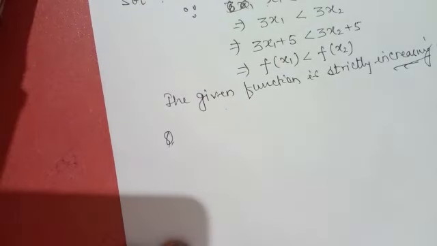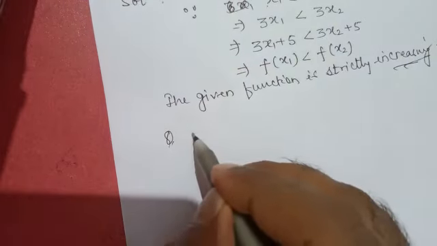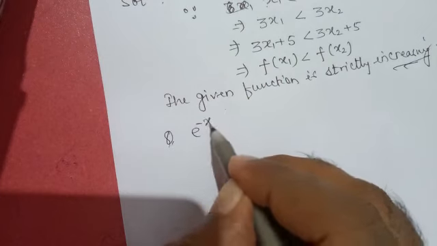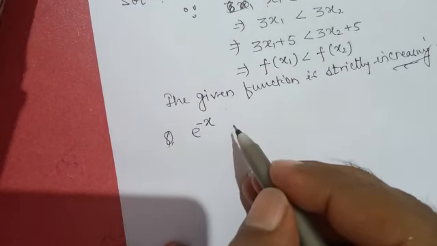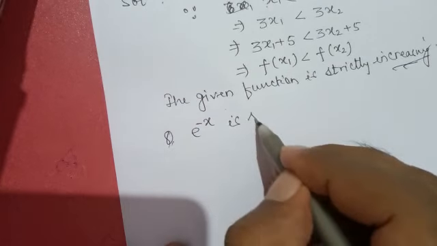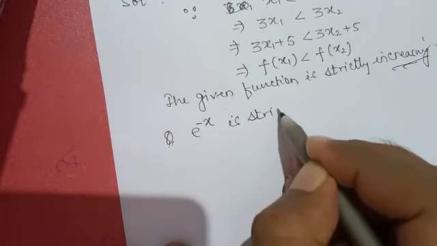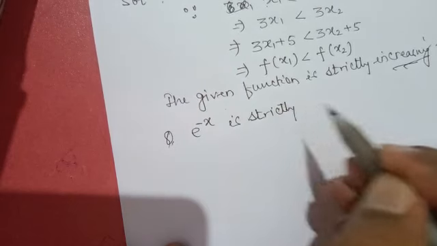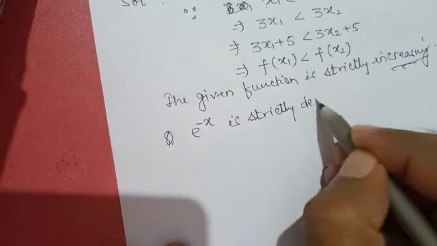See another question. Prove that the function e to the power minus x is strictly decreasing.